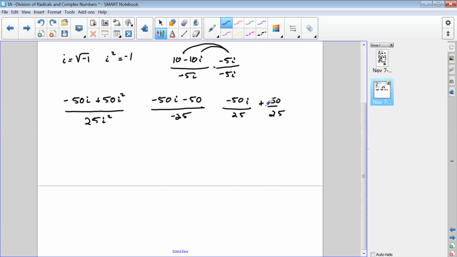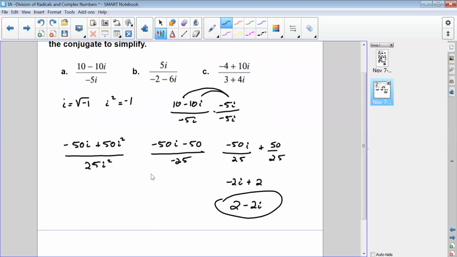So I want to simplify what I can, and 25 will divide negative 50 negative 2 times, and 25 will divide 50 2 times, and remember our notation is a plus bi. So we're going to write it as 2 minus 2i. And that is part A.